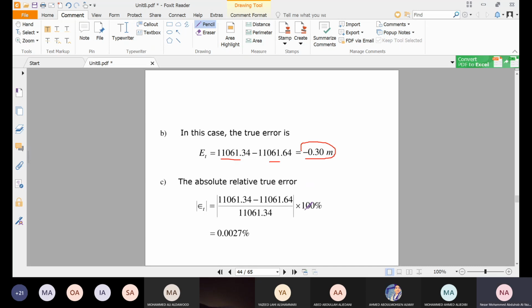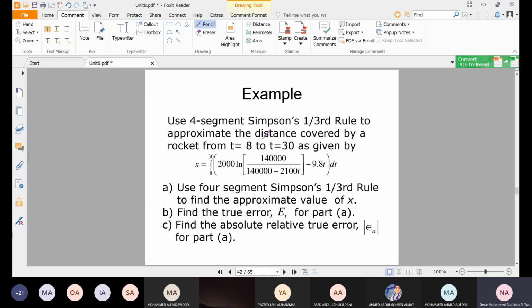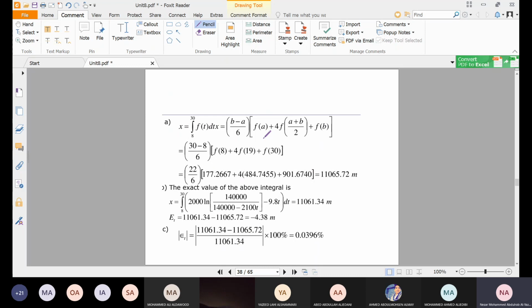Also, if you compare this method with the trapezoid rule, we had, I think, 0.3%. When we use a single segment, how much did we have? Just remember.